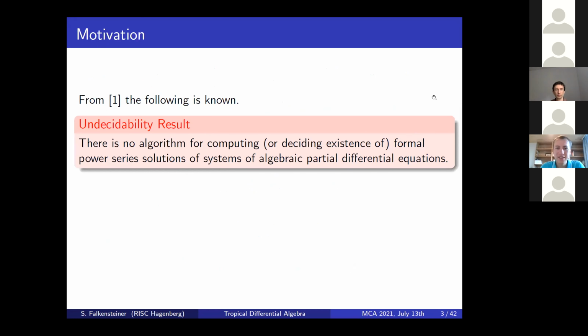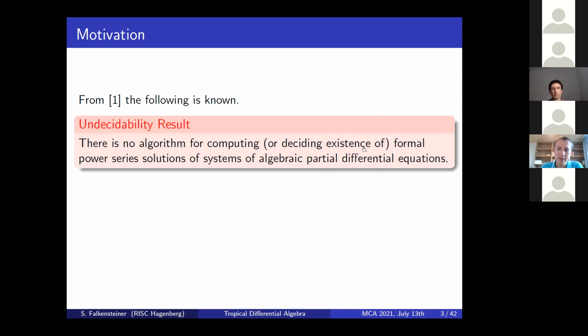So beside this motivation, there is also another one, namely that if you have a system of partial differential equations, it cannot be checked whether there exist some formal power series solutions of such systems or not. This is proven, for example, by Denef and Lipschitz.